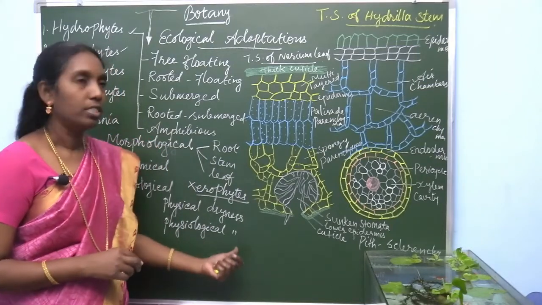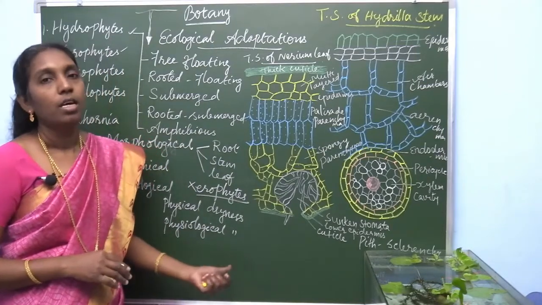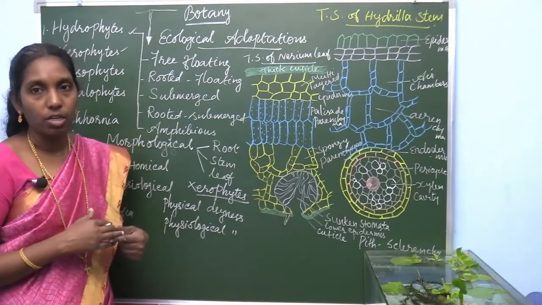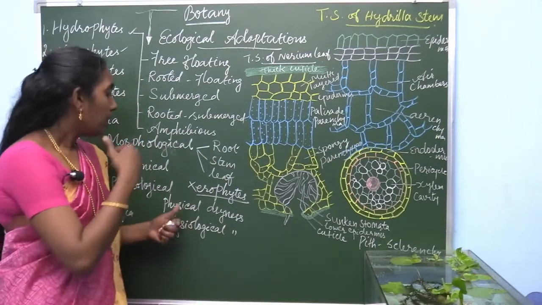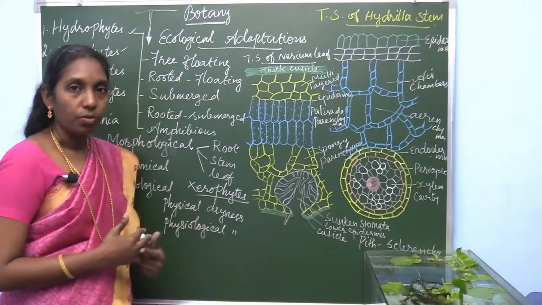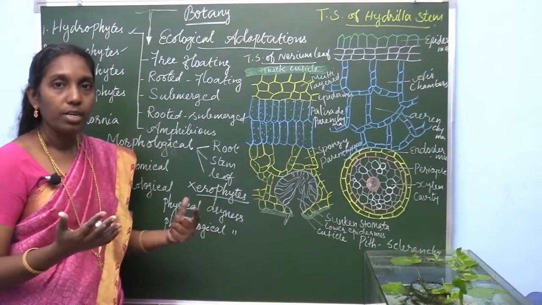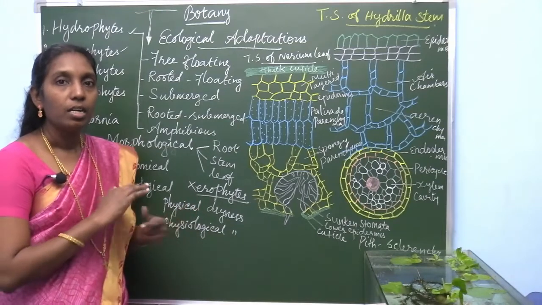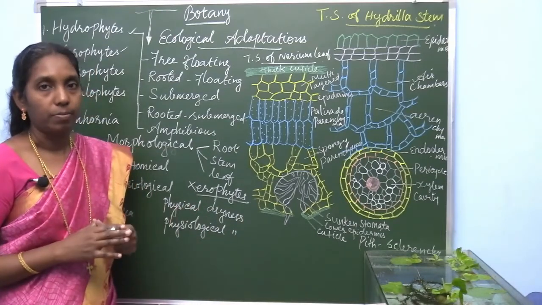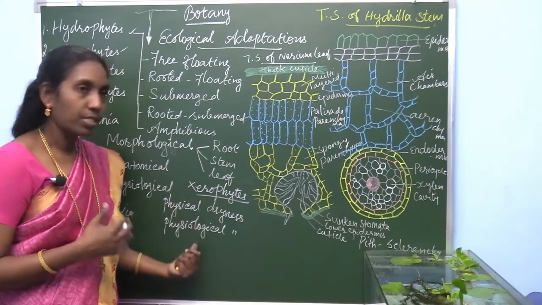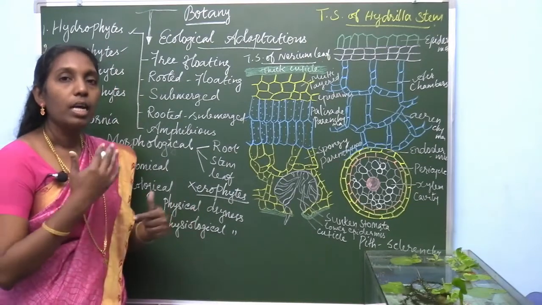That is physiological dryness. So, based on physical dryness and physiological dryness, and then on the adaptations, what are xerophytes? The plants which can live in dry or xeric condition. Now, what are the adaptations?